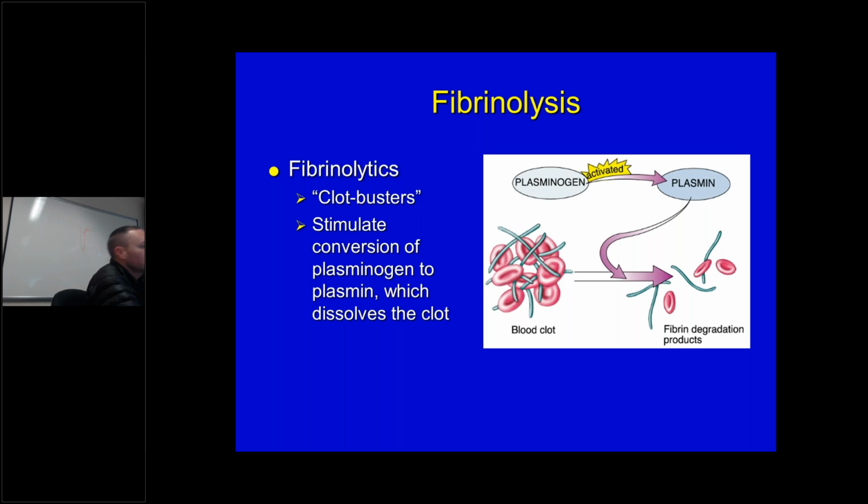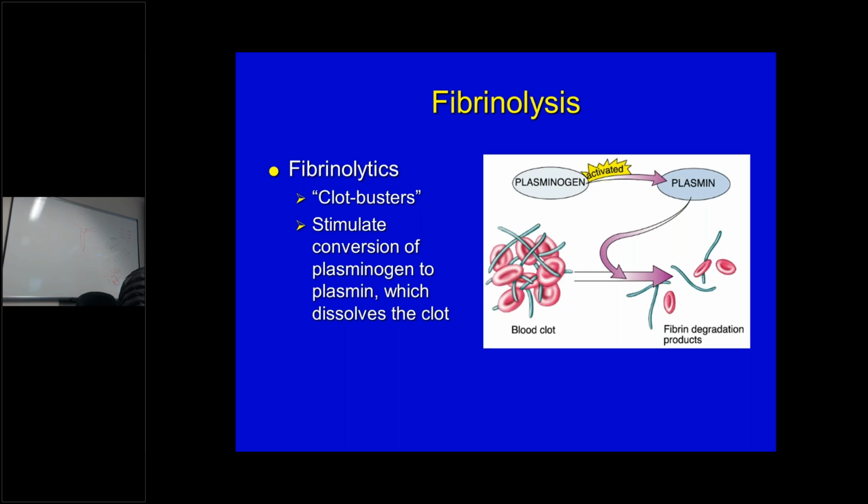So fibrinolysis, and your guys' drug profile for this week includes the main fibrinolytic. And what do you think that is? Alteplase. What is the common name for alteplase? TPA. TPA is the clot buster, right? So it activates the breakdown of these clots.